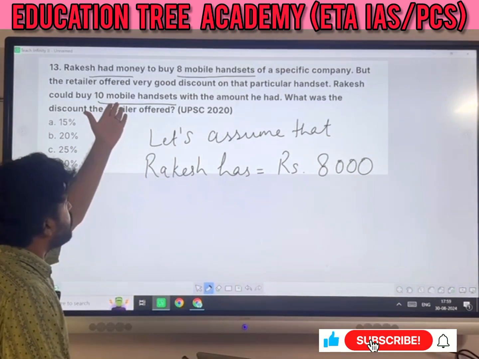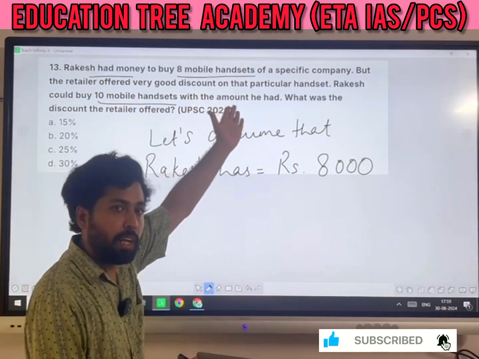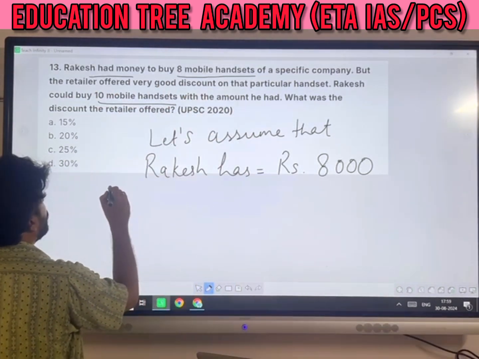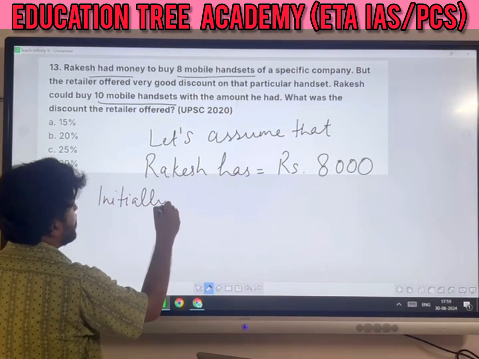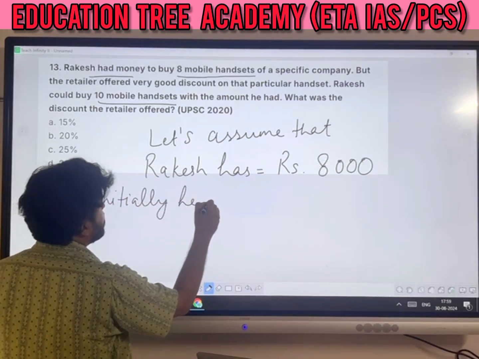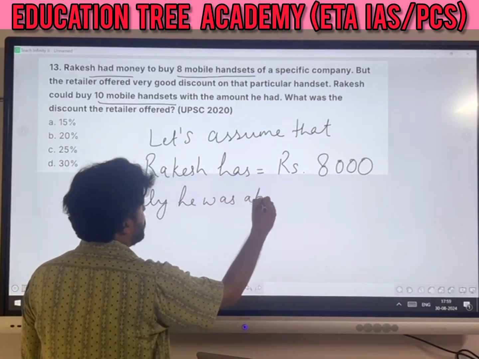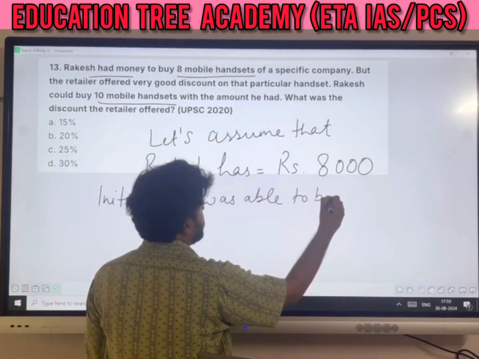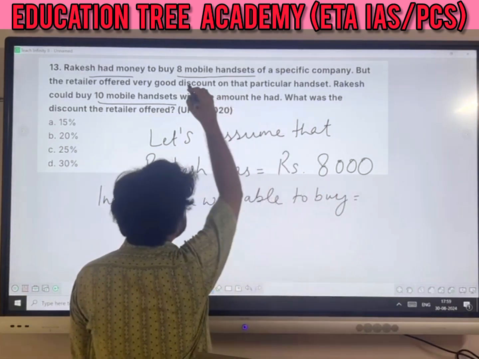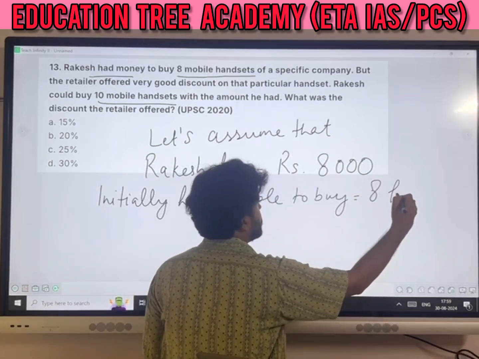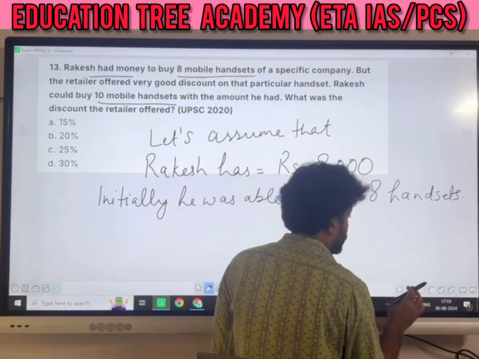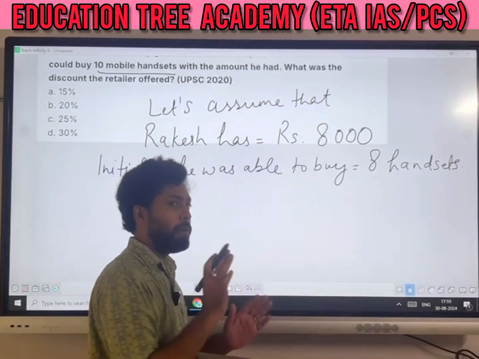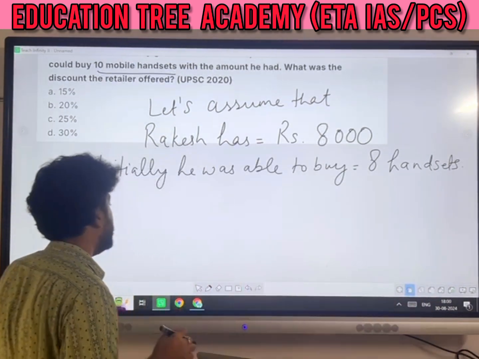So initially he was able to buy how many handsets? 8 mobile handsets. Right. So now we know that he could buy only 8 handsets initially.